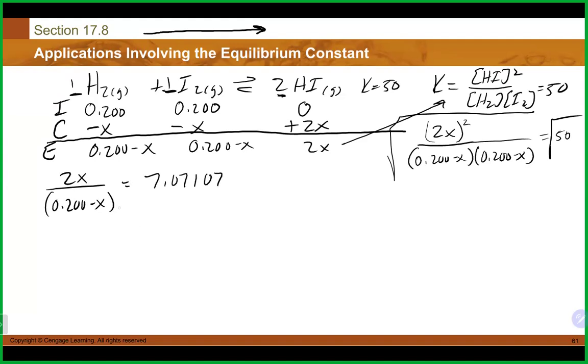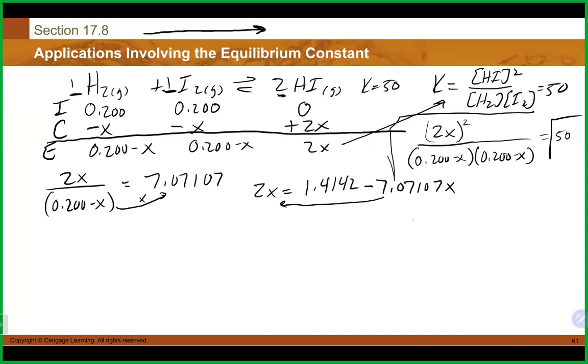That's going to give us 7.07107. We're going to multiply to the other side, our bottom, and that's going to give us 2x is equal to 1.4142 minus 7.07107x.